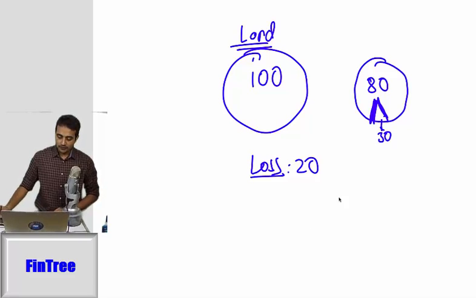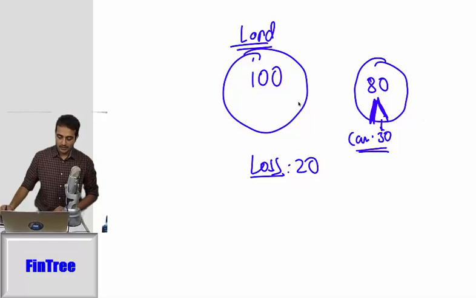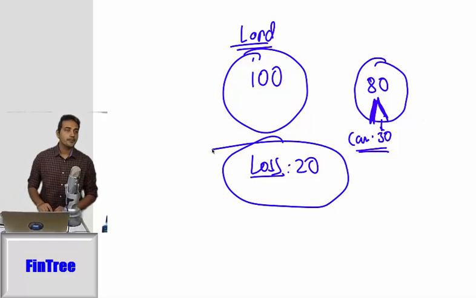But that cash of 30 is not your profit. It is just you selling some part of your land and getting that cash. So irrespective of what happens, your loss is still going to be 20. Should I repeat this again? Do you want me to repeat this?